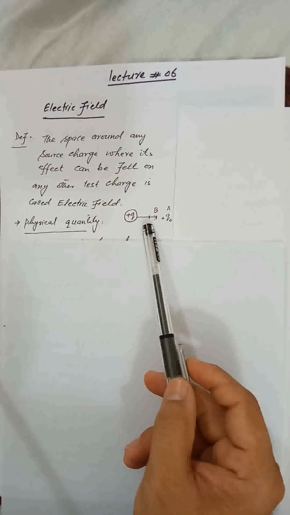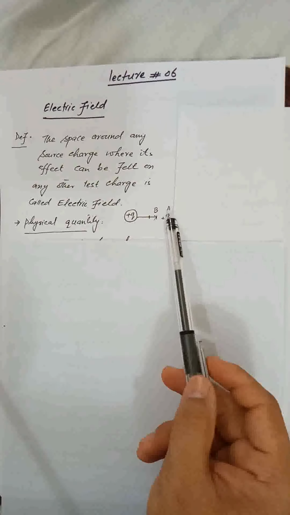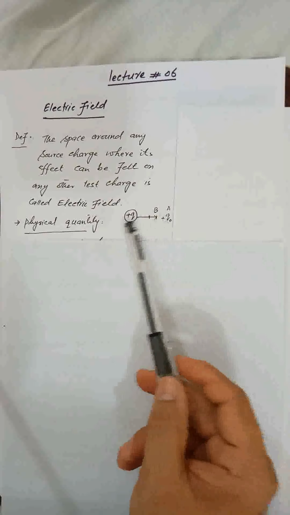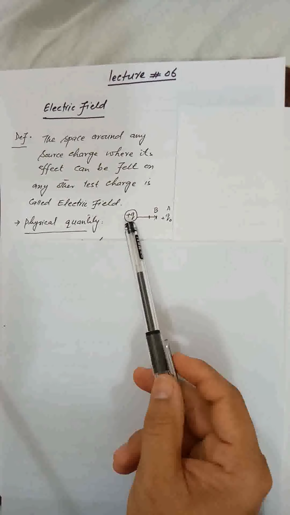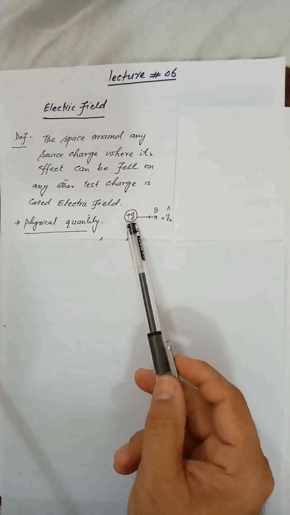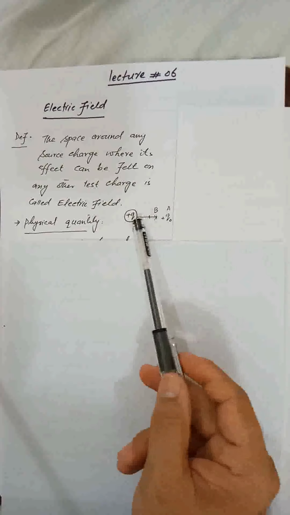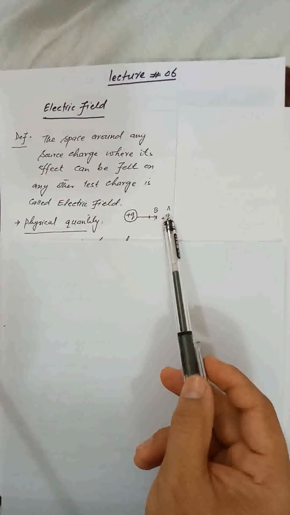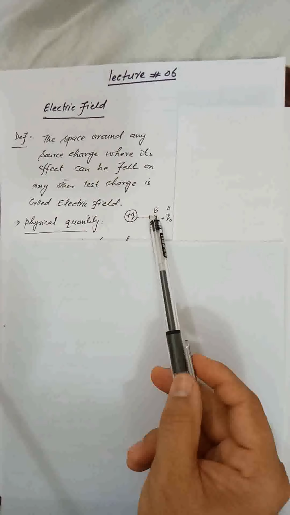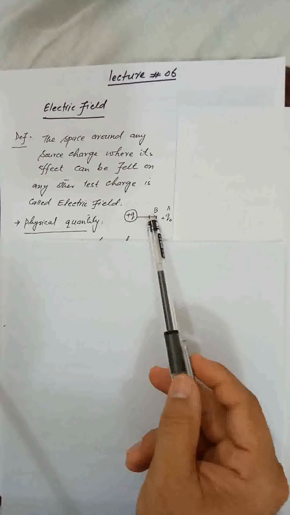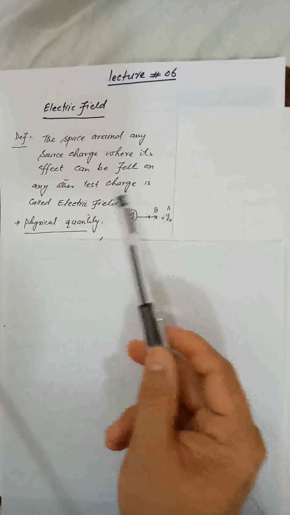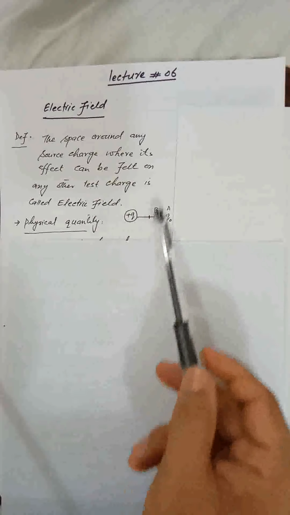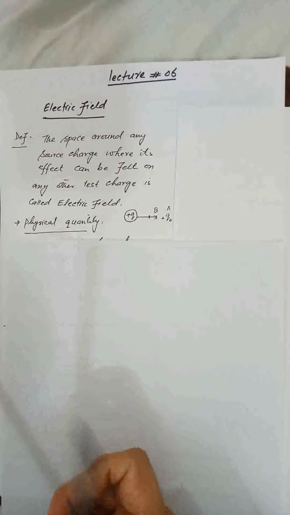But the force felt by the test charge will be more compared to the source charge because its magnitude is very large. So this force which a source charge applies on a test charge when it enters the space where its field exists is called electric field. This space around any source charge is called electric field.